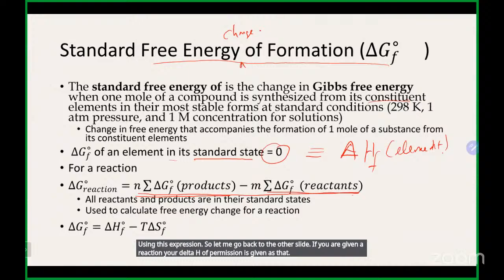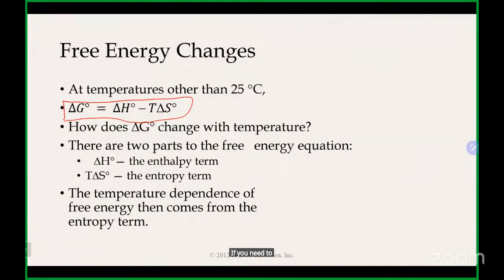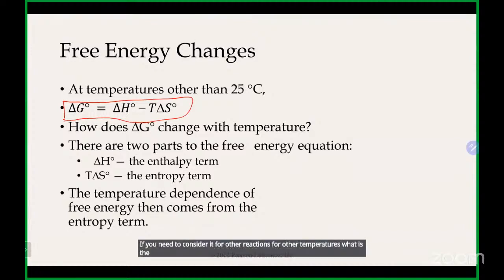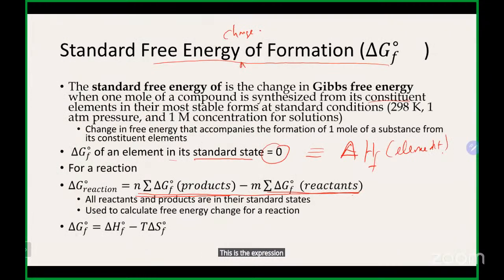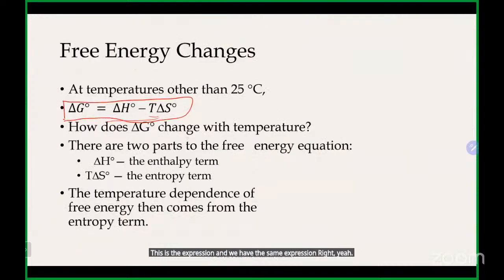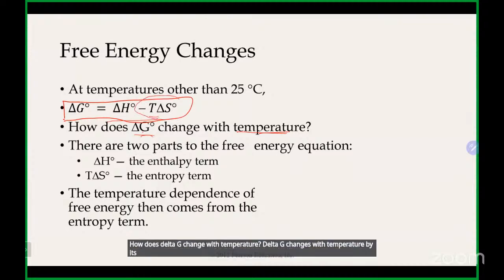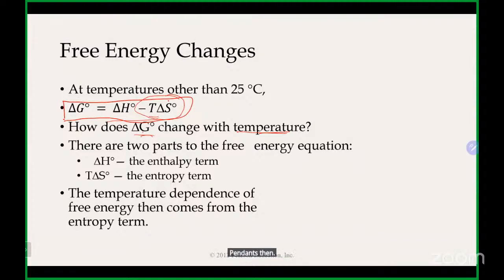If you need to consider it for other temperatures, you have the delta G of formation at this temperature. What happens at another temperature? This is the expression, and we have the same expression right here. So how does delta G change with temperature? Delta G changes with temperature by its temperature dependence term, T delta S.